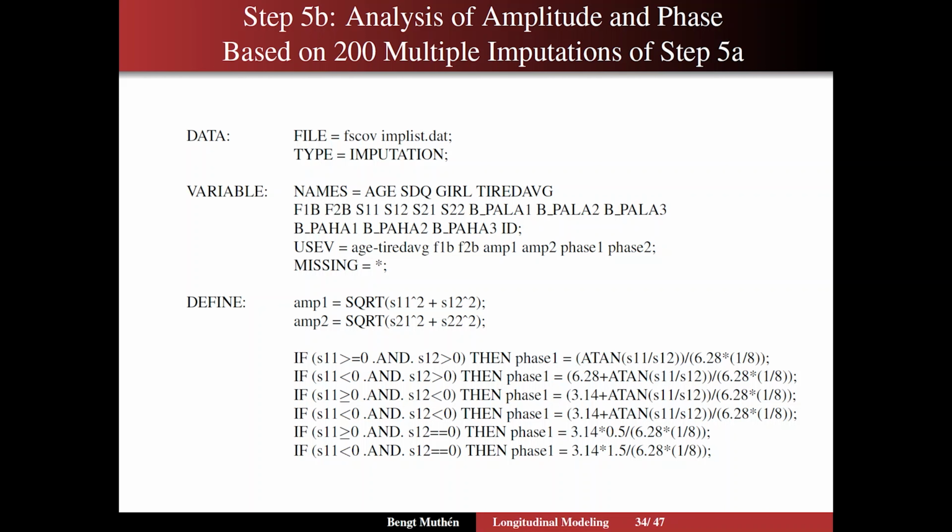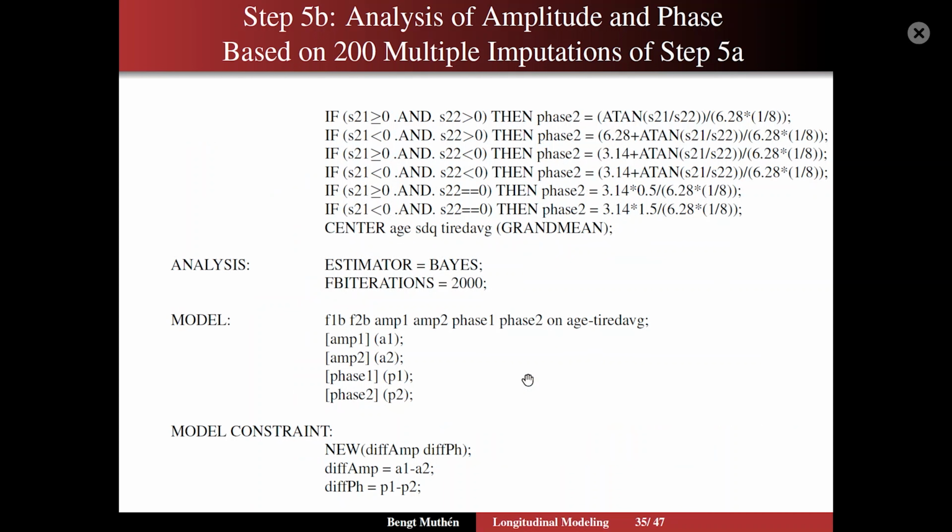I'm not going to discuss that here, but it is a critical issue, particularly for Bayesian analysis, to do it in this careful way, taking into account the signs of these random coefficients. But all in all, we're just computing phase for factor 1 and here for factor 2.